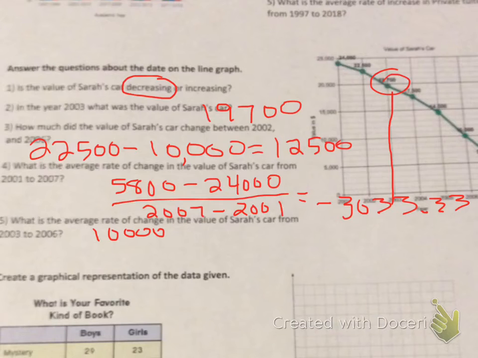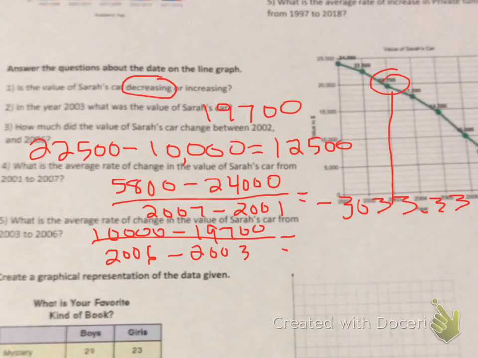And if I go look at the value of her car in 2003, the value of her car is $19,700. Again, I'm going to subtract the years. So 2006 minus 2003. Let my calculator do the math on that. And when I do, I get a negative $3,233.33.